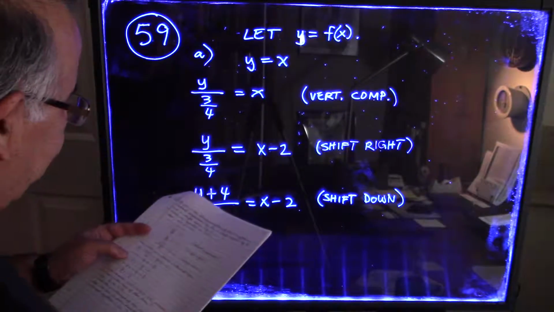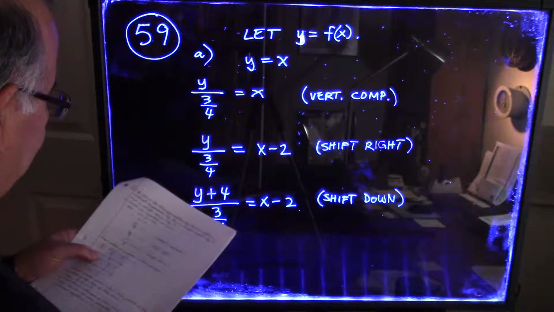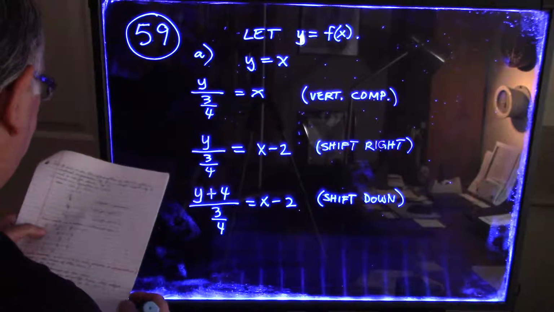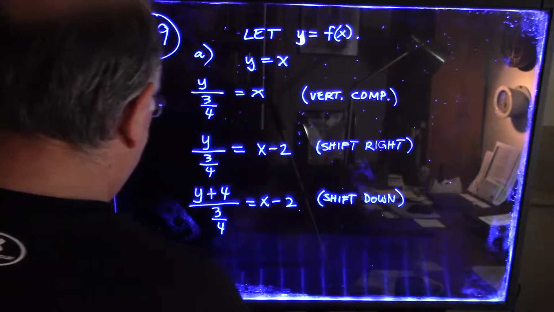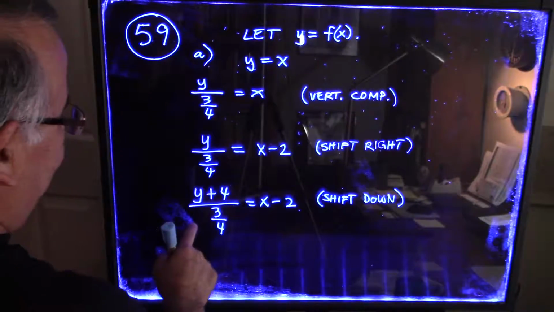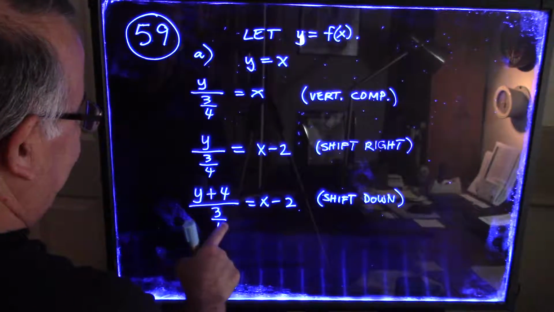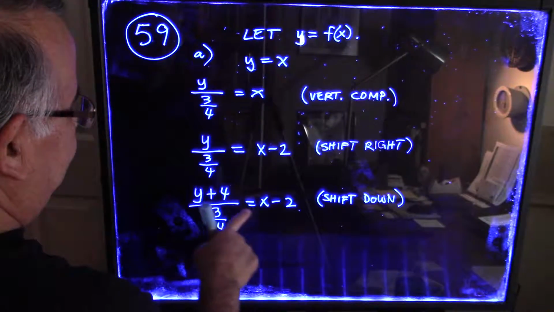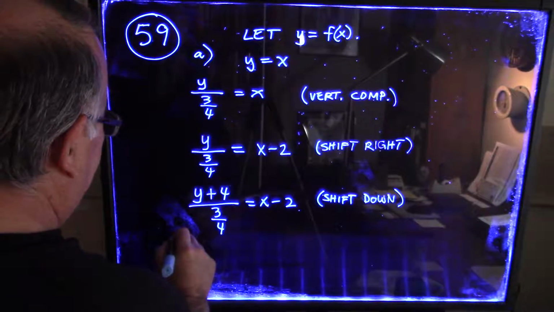Now what we do is we write this as a slope-intercept equation. So I'm going to multiply both sides by 3/4. I want to clear this fraction. I want to isolate the y. So multiply both sides by 3/4.